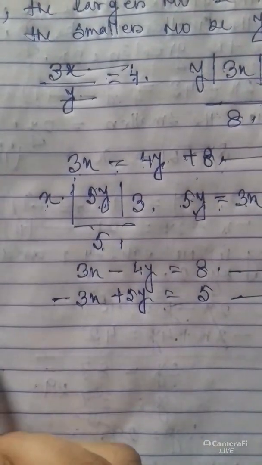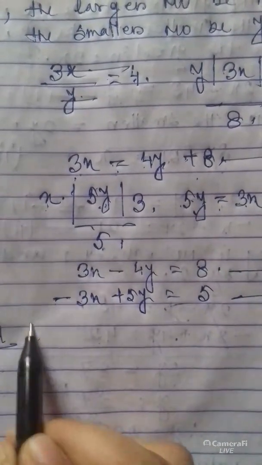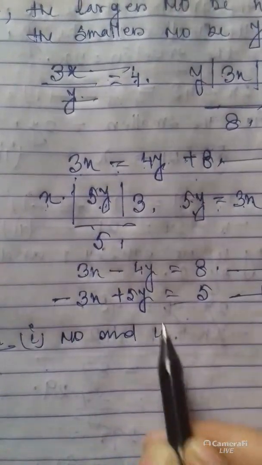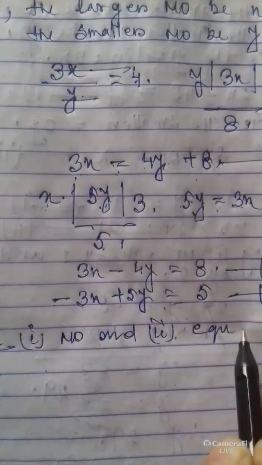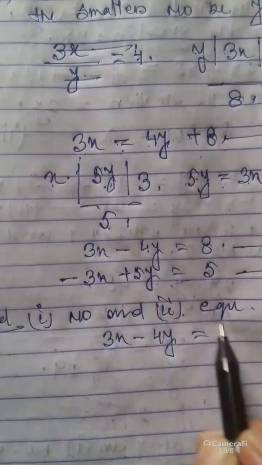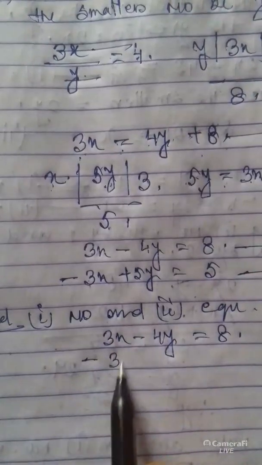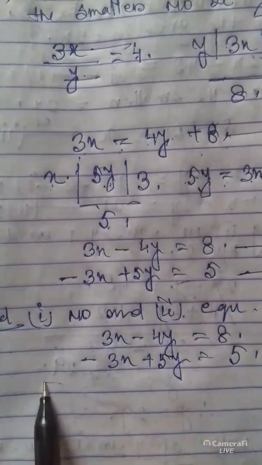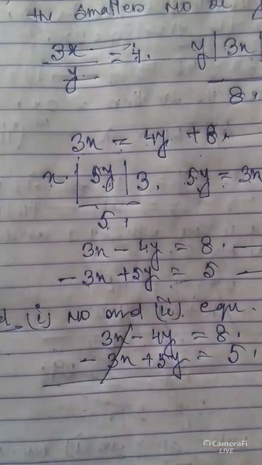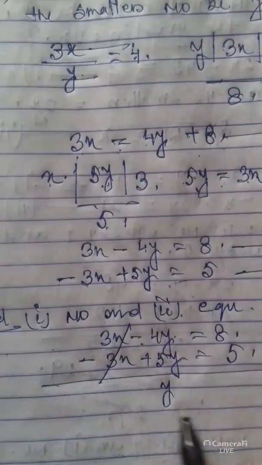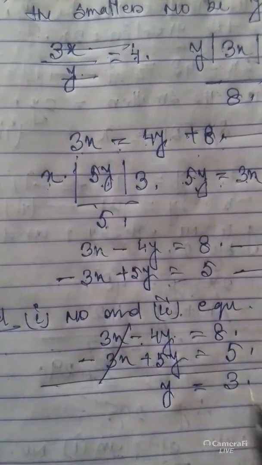Just add one number and two number equation. So 3x cancel, minus 4y plus 5y means y equal to 13.